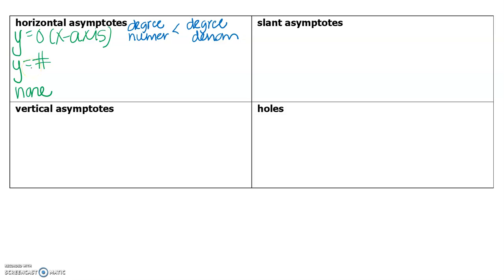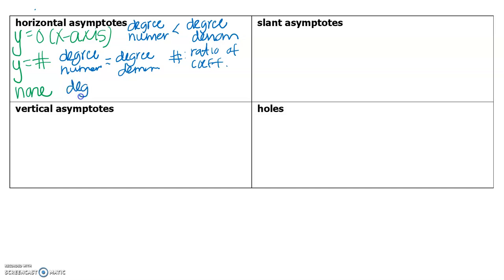It's going to be y is equal to a number when the degree of the numerator is equal to the degree of the denominator, and that number is going to be given by a ratio of the leading coefficients. And we'll look at an example like that last. And then there is no horizontal asymptote when the degree of the numerator is bigger than the degree of the denominator.